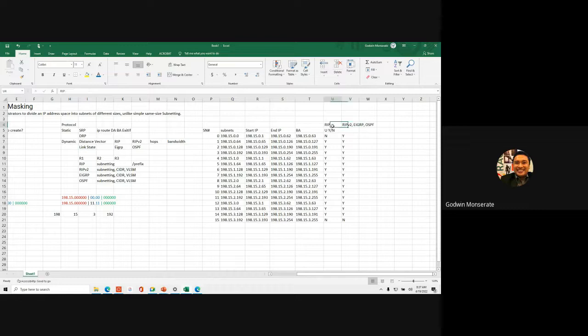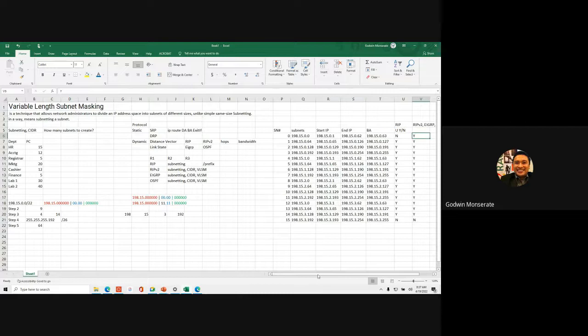So meaning, kani siyang RIP, karaan na ni siya nga klase protocol. Okay? Kaya tungod sa kakaraan niya, no, we are wasting a lot of IP addresses. That's why another protocol or sets of protocol was created in order for us to save IP addresses. That's why the first zero portion will become usable now. I hope you understand.